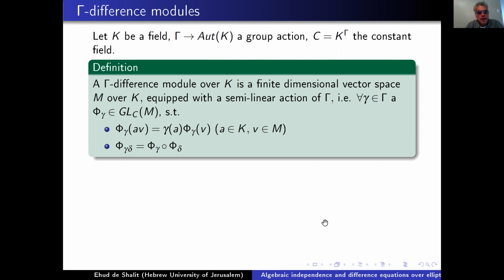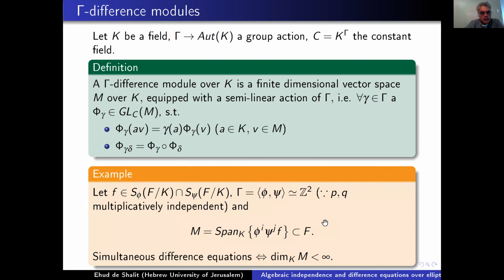But the concept is a very natural one, and people coming from the area of differential equations or difference equations usually consider these cases that I gave before, these examples of difference operators: q-difference operators, Mahler operators, and now operators coming from endomorphisms of elliptic curves. So the connection with the setup that we have been discussing is via this fundamental example.